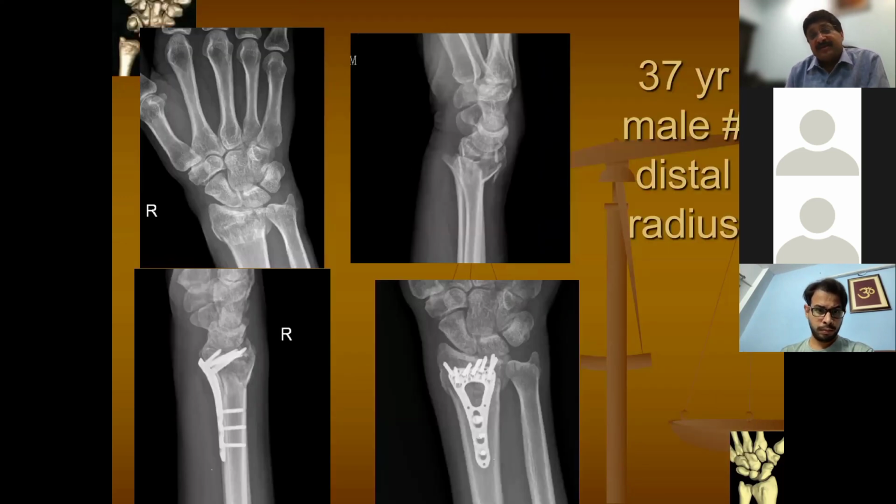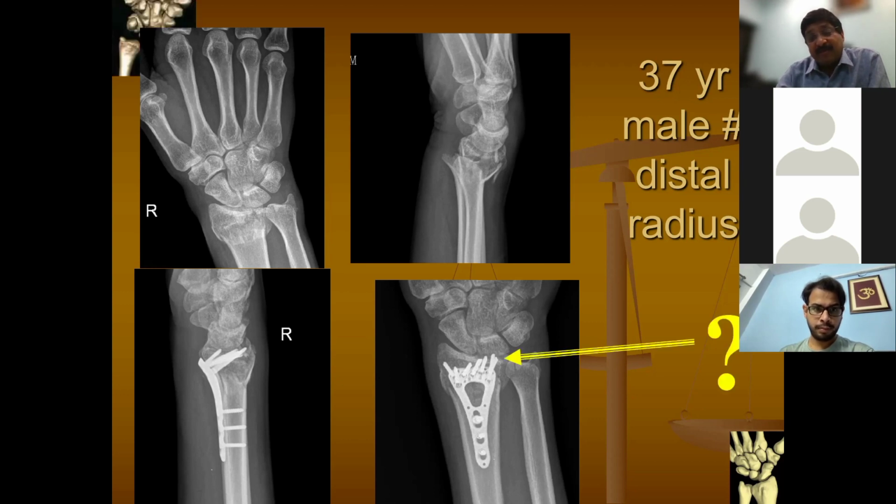There was another case, a 37-year-old male with a comminuted distal radius fracture, and this was a check film, which made a lot of residents and other colleagues worried, like what are we doing, we are putting screws into the joint. But no, that was not a problem.